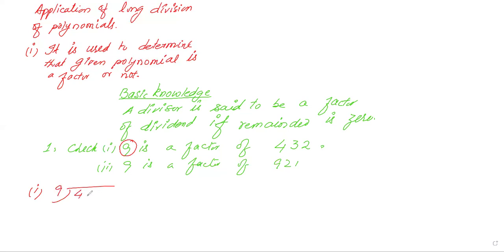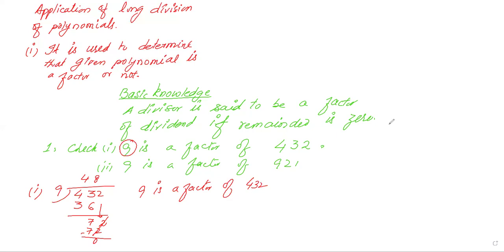So you have to check it. 9 4s are 36. 43 minus 36 becomes 7. 2 over here, it becomes 72. And 9 8s are 72. So the remainder is 0. So I will say that 9 is a factor of 432.